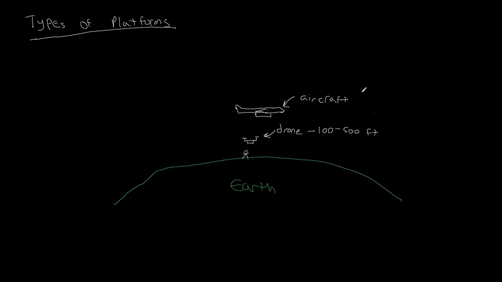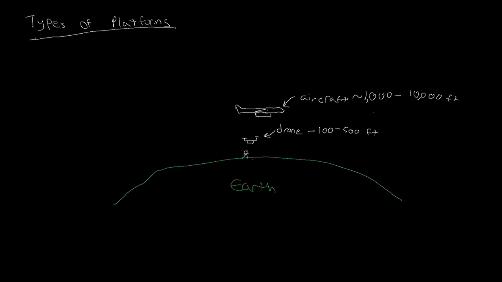Planes typically are about 1,000 feet to about 10,000 feet, so these are much higher than drones. As a result, they have high spatial resolution, but it's not as good as the drone. Again, we're going to talk about the different platforms in more detail.